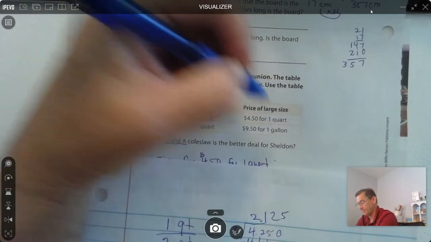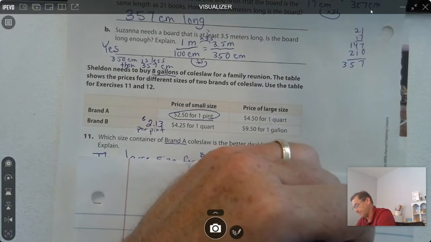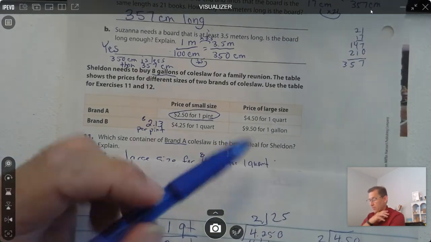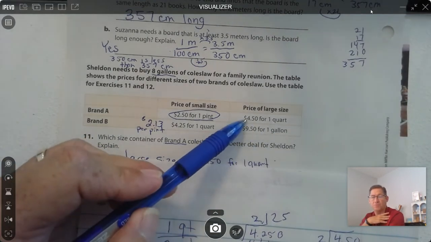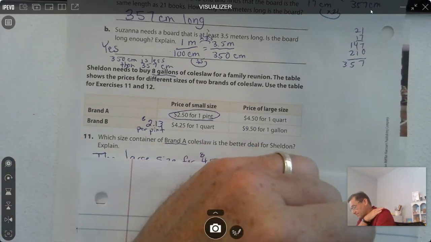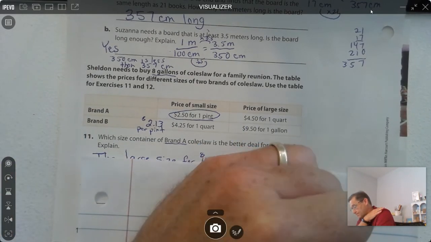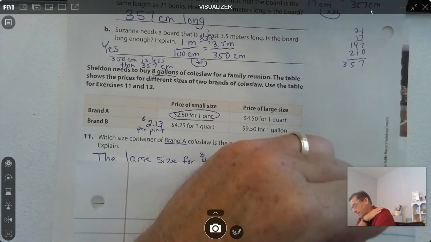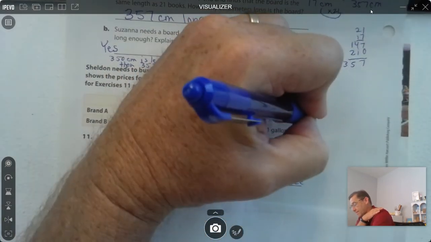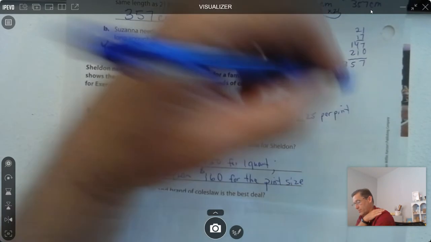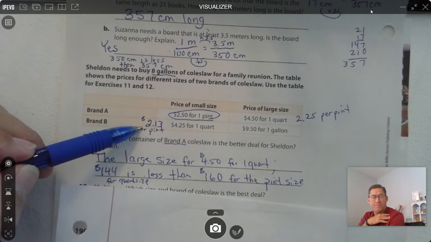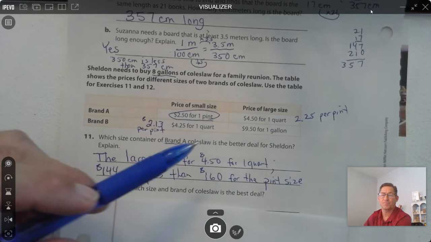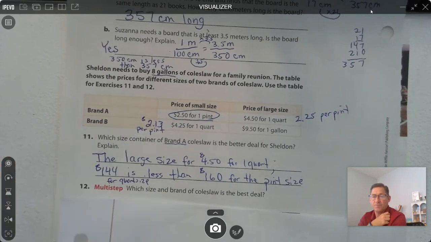Okay, again, we have $4.50 this time for 1 quart, and we know again that it's going to be 2 pints, so $4.50 divided by 2. That's going to be $2.25 per pint. Okay, so still brand B is cheaper at $2.13. Now $9.50. Well, we know there's 8 pints in a gallon from our previous work. So let's take $9.50 and divide by 8.